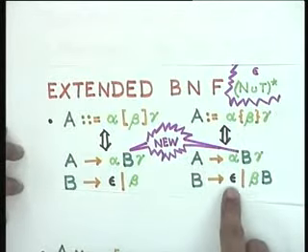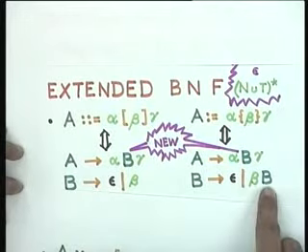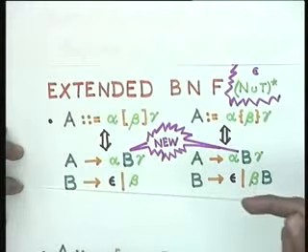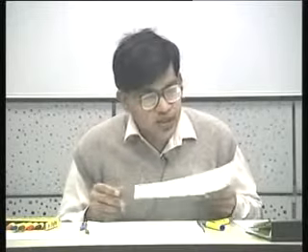So B either goes to epsilon, which denotes 0 repetitions, or it goes to beta B, so that you could have more than one occurrence of beta, right. This is the extended BNF notation which is normally used.